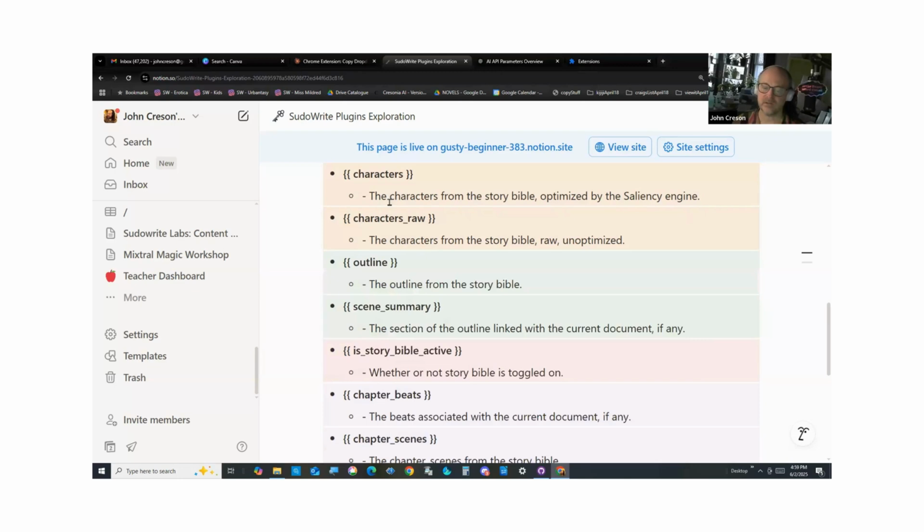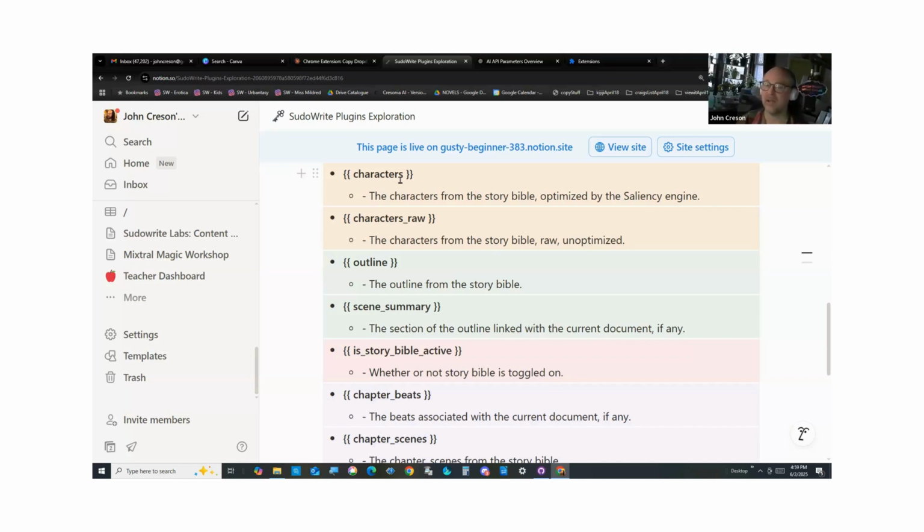The characters and characters raw. Characters raw is the entire character set, everything that you got. Characters is optimized by the saliency engine. So characters takes into account some aspect of the selected words, perhaps. If your character is in the selected words, then it will drag that character in.